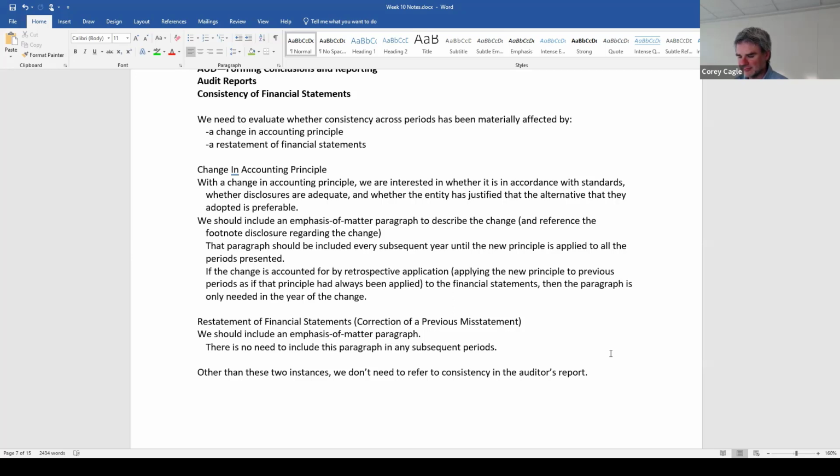That often shows up in test questions, that little idea there, usually organized like, except for, the auditor refers to consistency. It doesn't have to refer to consistency except for, and it'll list one of those two things, type question, right? So there you go.